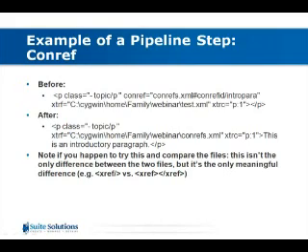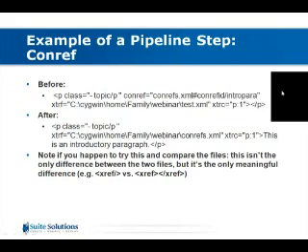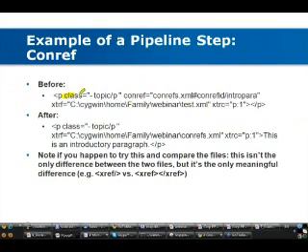We see that previous steps have put in the class attribute. We see that a previous step has put in this xtrf attribute, which tells you where this element came from, which file this originated in. And we have this xtrc attribute, which tells us which element this originated in.